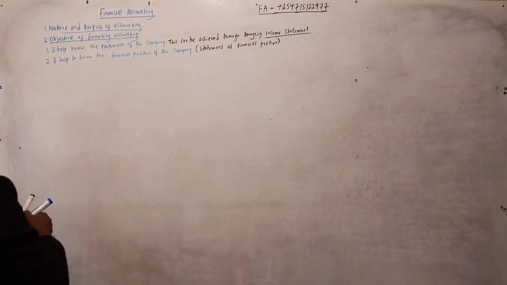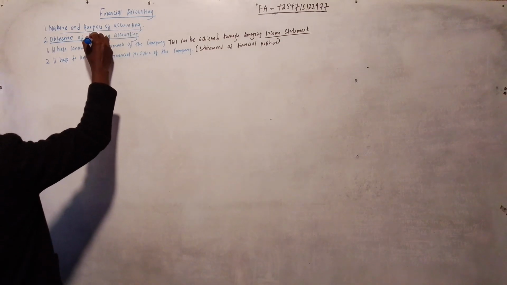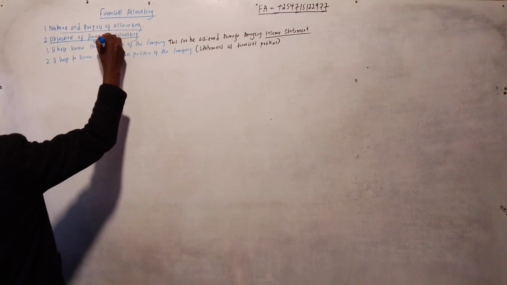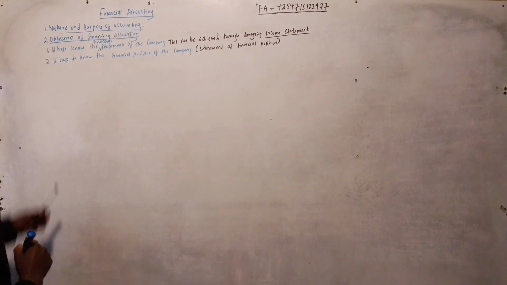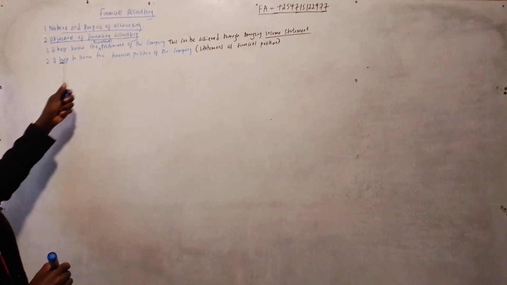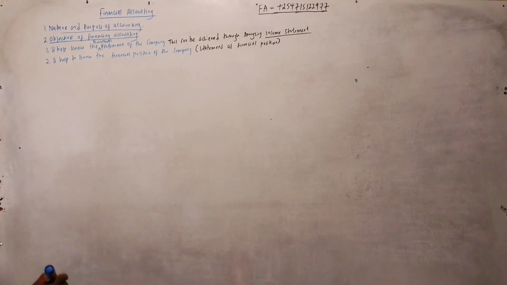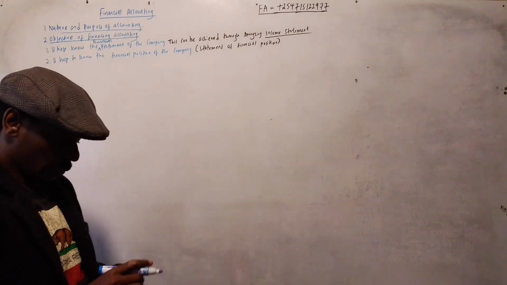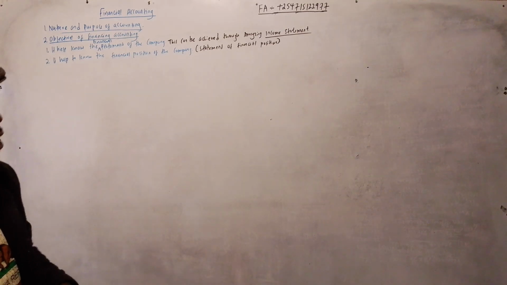The first one is supposed to be financial performance. So it helps to know the financial performance of the company. It also helps to know the financial position of the company. We can analyze the financial performance through the income statement.